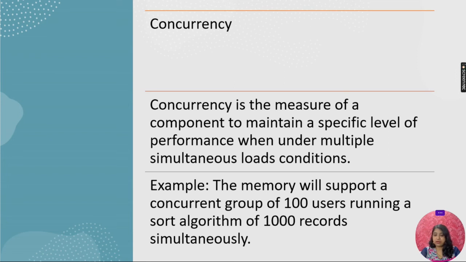For example, the memory will support a concurrent group of 100 users running a short algorithm of 1000 records simultaneously. So at one time 100 users can run a data sorting algorithm of 1000 records.